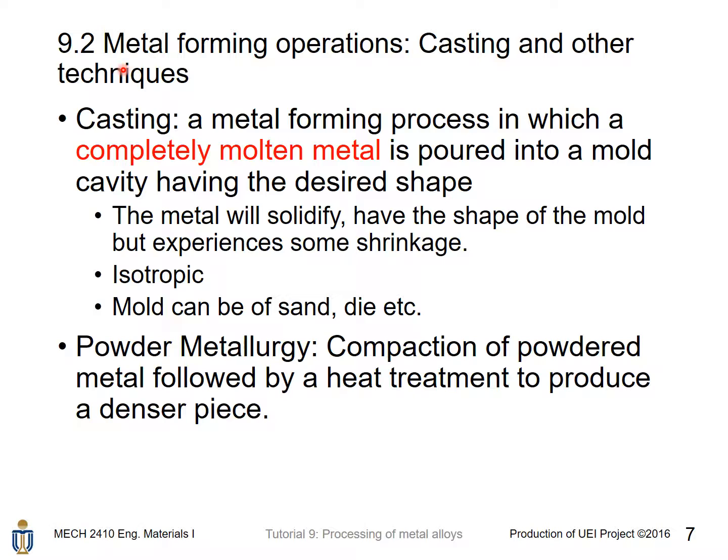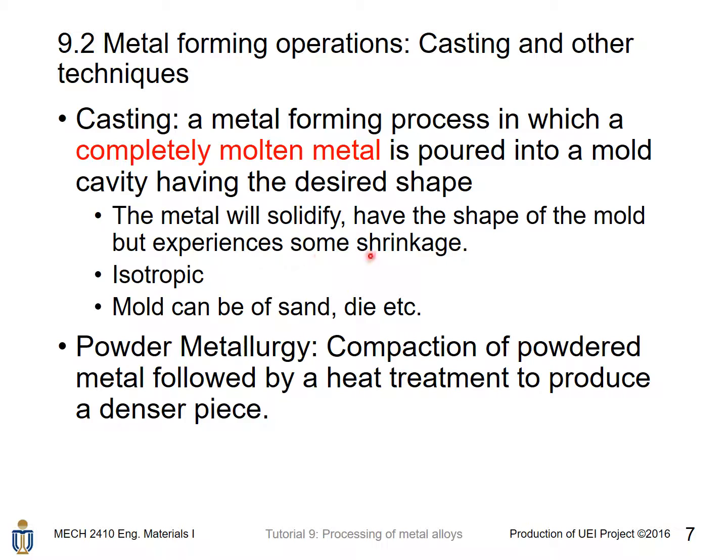Metal forming operations: casting and other techniques. Casting is a metal forming process in which a completely molten metal is poured into a mold cavity having the desired shape. During such a process, the metal will eventually solidify into that shape.